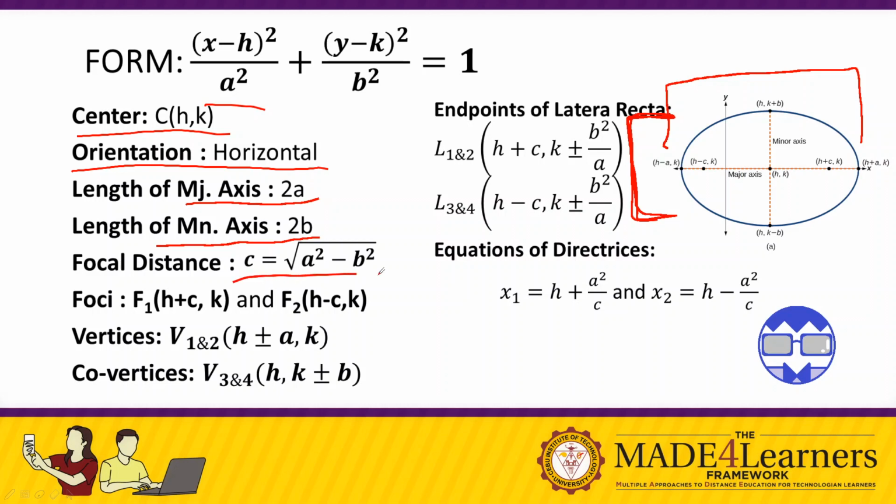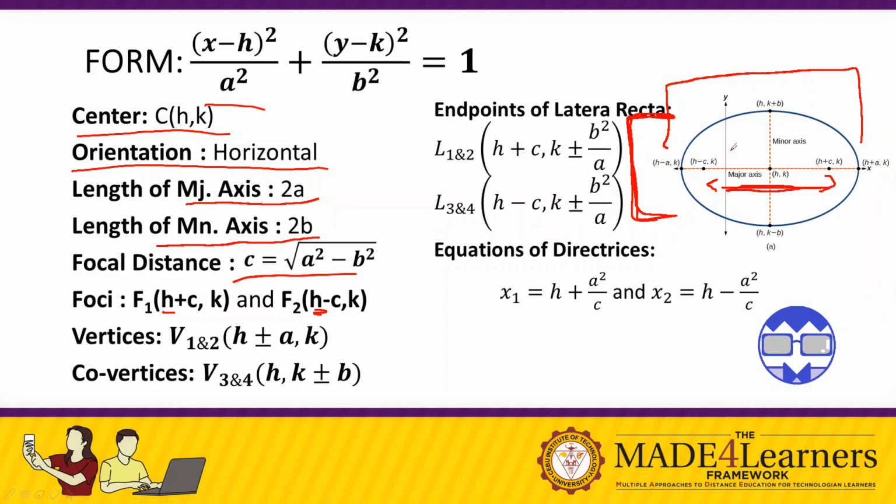Now for the foci, there are two foci that we need to solve. If it's horizontal, take note, we always add or move, just imagine it's moving in the horizontal part. Hence, we add or subtract from h. This is the reason why it's here, because we moved leftwards or rightwards.